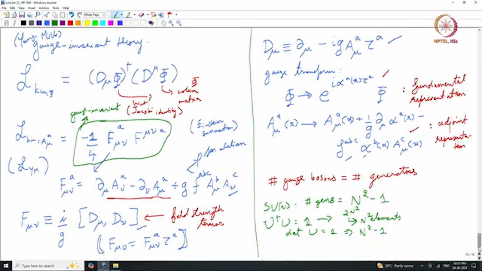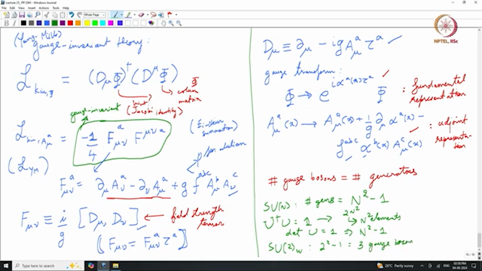Now that would mean the number of gauge bosons is also n square minus 1. Can you go back to the first few lectures and think about what this implies for the strong force and the weak force? This tells me that for the weak force, which is SU(2), I have 2 square minus 1, 3 gauge bosons.